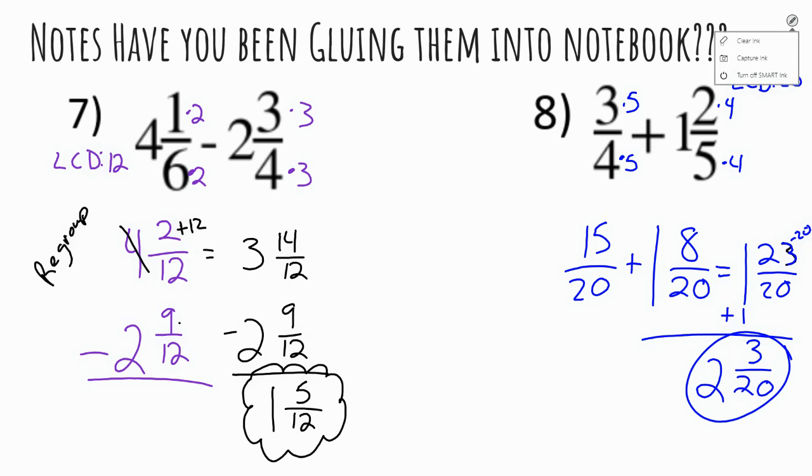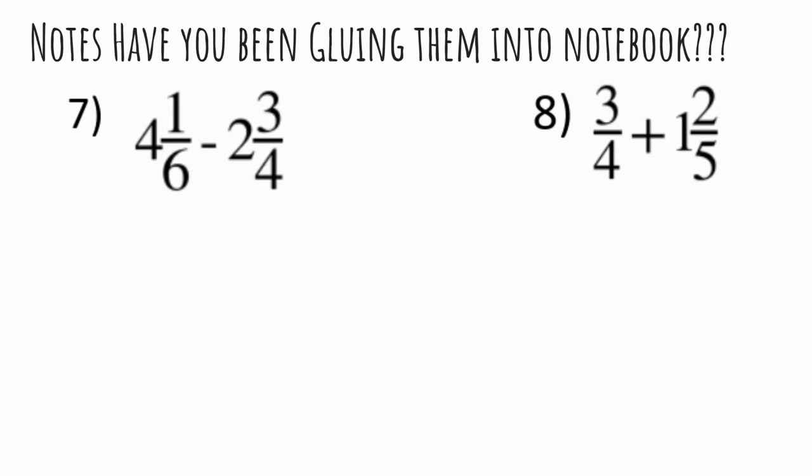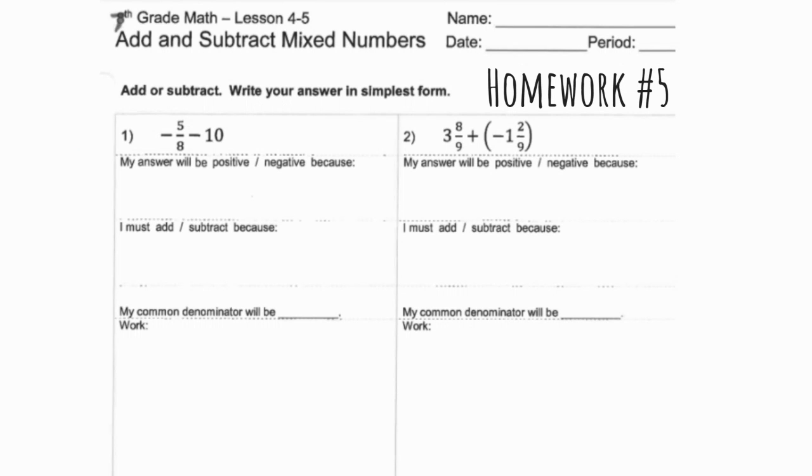So now let's take a quick look at the homework. Your homework, the first part's going to start you off thinking of how do we solve these. So we look at number 1, it's a subtraction problem, a negative minus a positive. So we need to add the opposite.